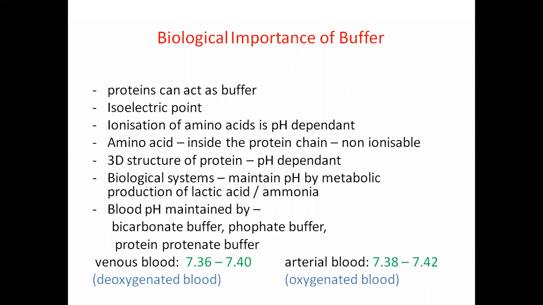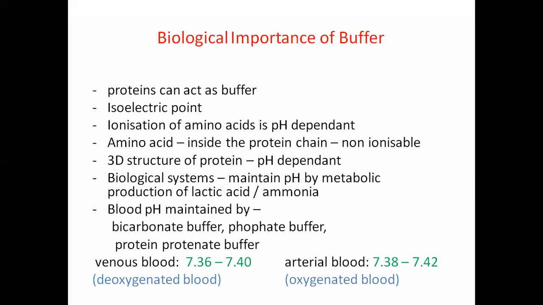But the ionization of either the carboxylic group or the amino group is observed only at the terminals. The in-between interlocked or intact amino acids cannot be ionized unless the protein is dissociated. So every protein has an isoelectric point. Isoelectric point means the pH at which the Zwitter ion is formed.